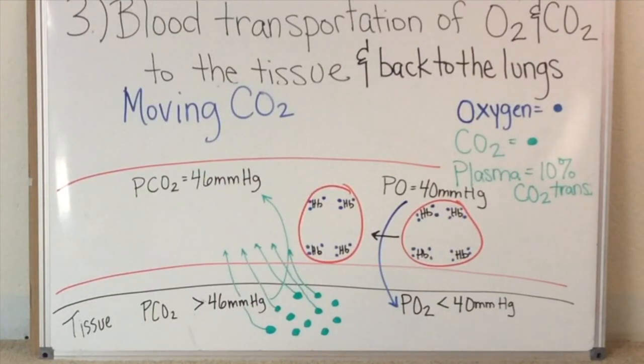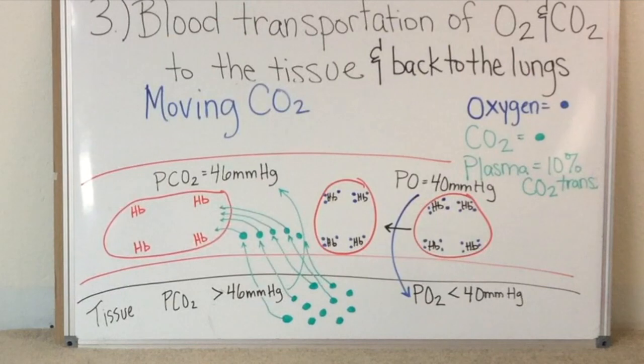The remainder is taken care of by the red blood cells that have now dissociated from oxygen and have an increased carrying capacity for other molecules. Because the concentration of carbon dioxide within the red blood cell is low, carbon dioxide again diffuses down its concentration gradient from high concentration in the plasma to low concentration within the red blood cell.